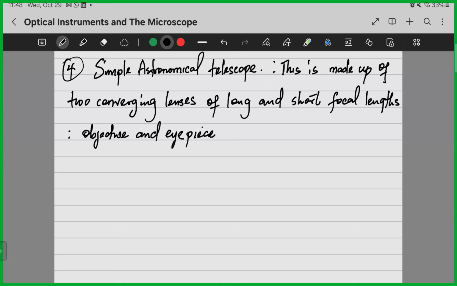Keep that in mind. While the astronomical telescope is used for distant objects.